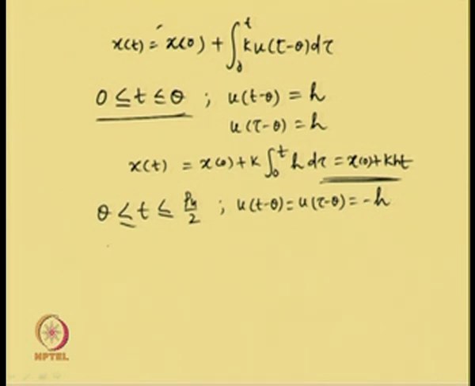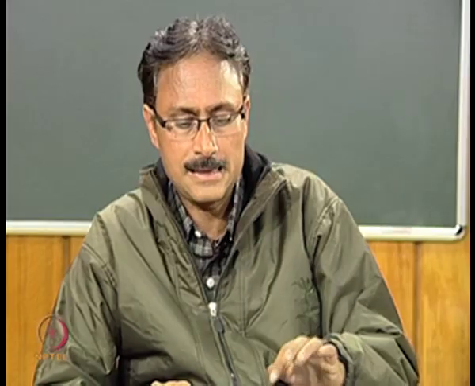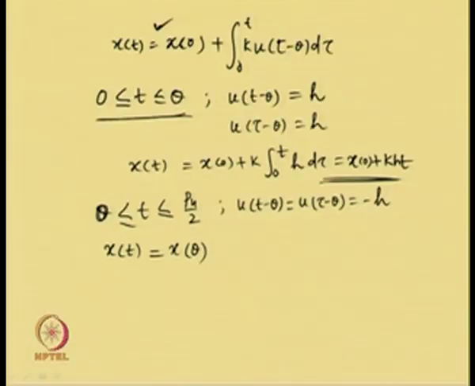But when I write the solution x(t), where we have to consider t greater than θ, this x(0) will become x(θ). Keep in mind the way I am writing, because the initial value becomes x(θ), because we start the simulation from time t = θ, but in the earlier case we started the simulation from time t = 0.